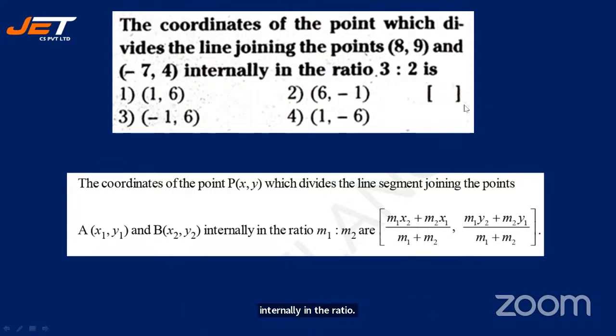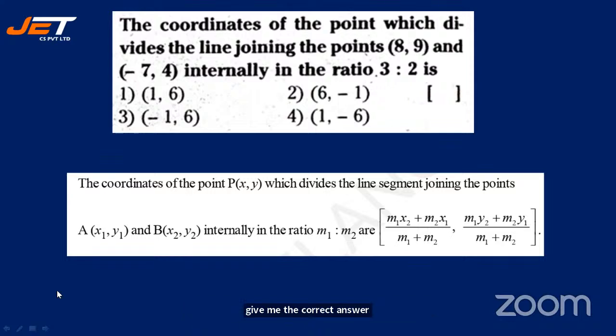Last sum was also internally and this sum is also internally only, right? So just use the same formula and then give me the answer. Externally, we have not done so far in this class. Like how we did the last sum, similarly do it and then give me the correct answer.